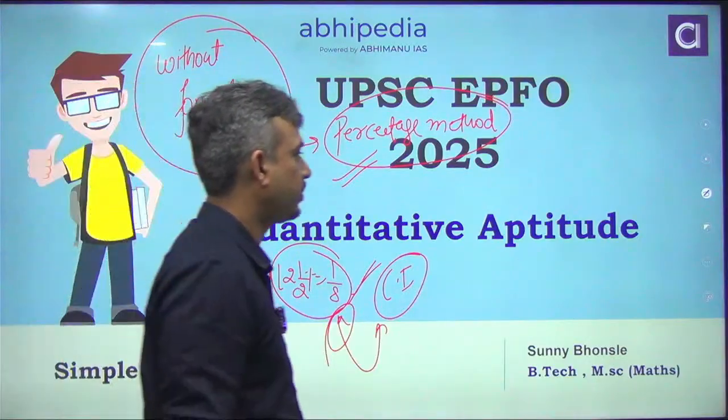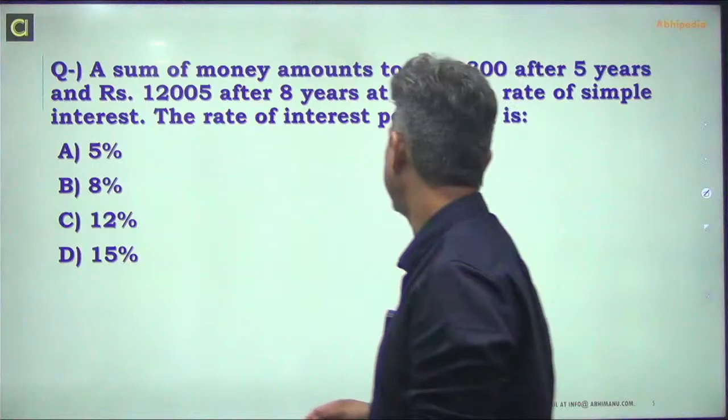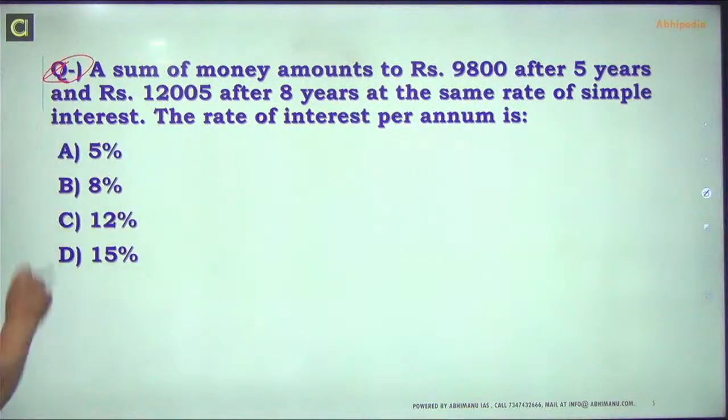So let us proceed with the chapter. Firstly, the formula is PRT by 100. Okay. So the first question of the class is: a sum of money amounts to 9,800 after 5 years and 12,005 after 8 years at the same rate of simple interest. Find the rate of simple interest per annum.